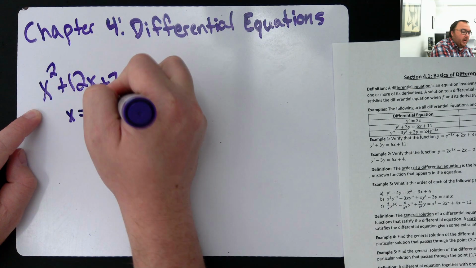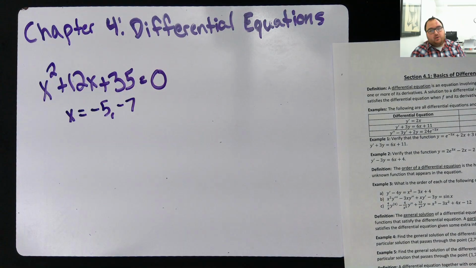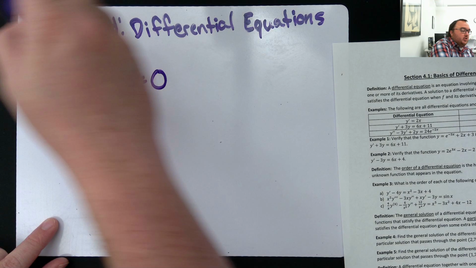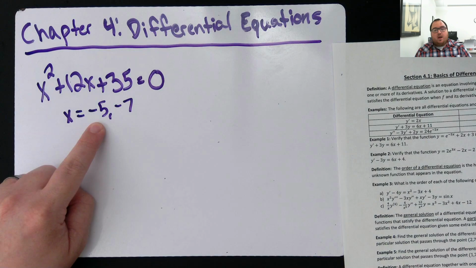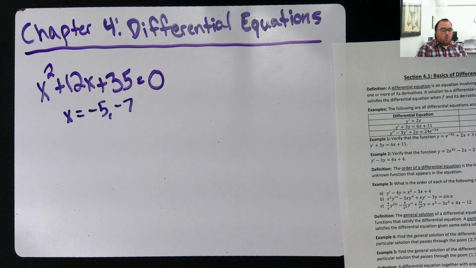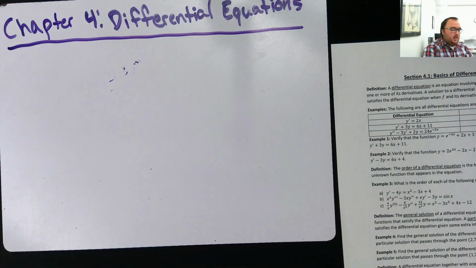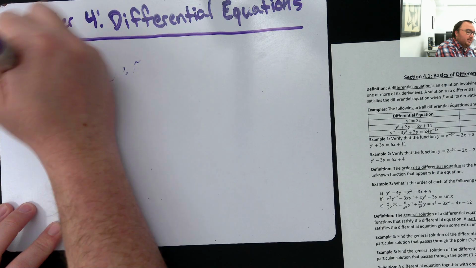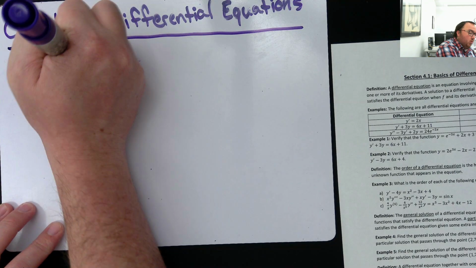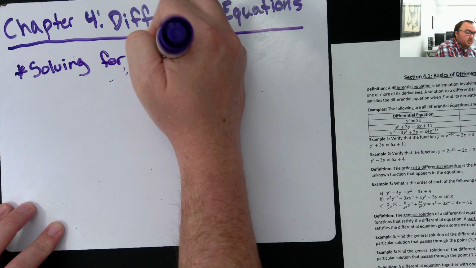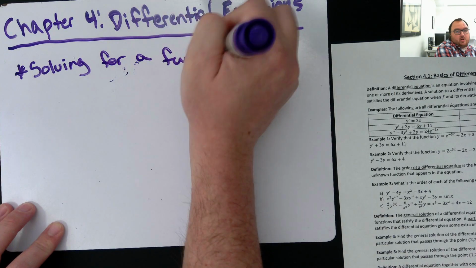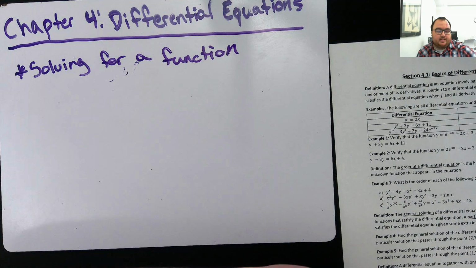That's what I have done up until now. With these types of equations, though, I'm not solving for a number, I'm solving for a function. Okay? So, once again, the whole point is I'm solving for a function. That's what I want.